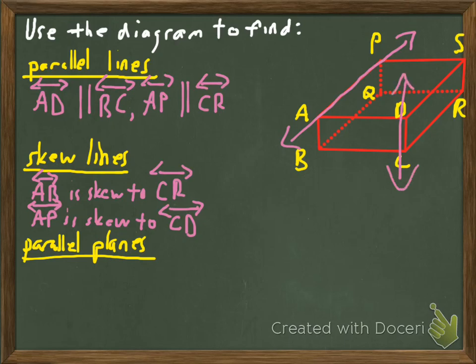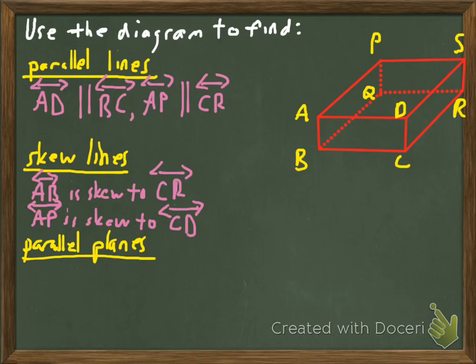Alright, and then finally, some parallel planes. Now remember, you have to use 3 non-collinear points to name a plane. Nobody has trouble understanding that the top of that prism is parallel to the bottom, or the left is parallel to the right, but they do have trouble naming them so far.